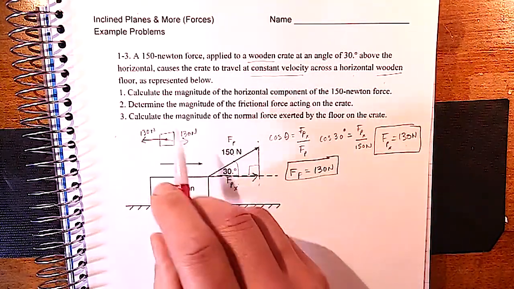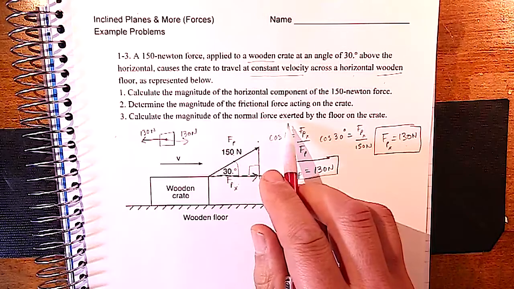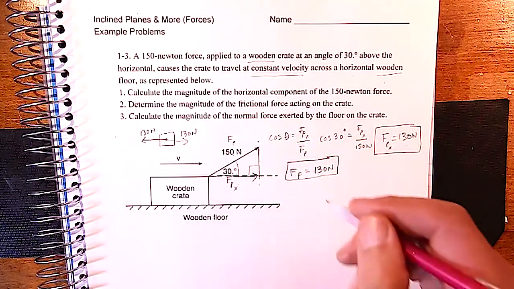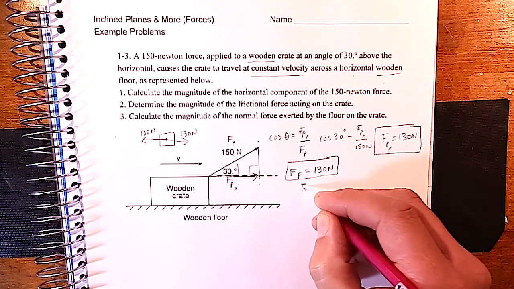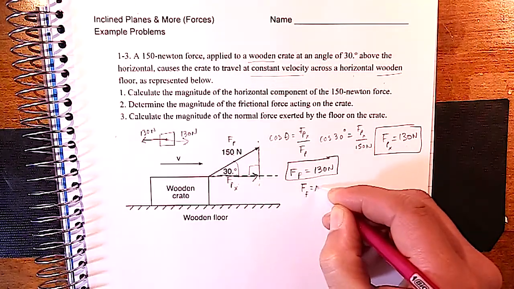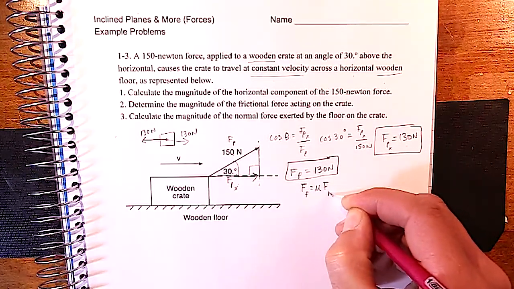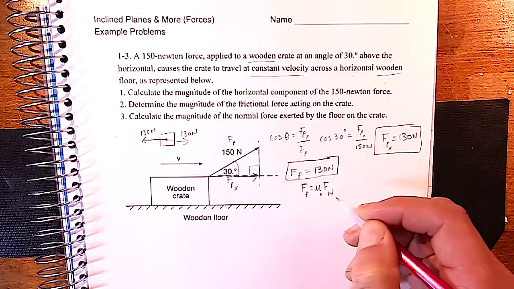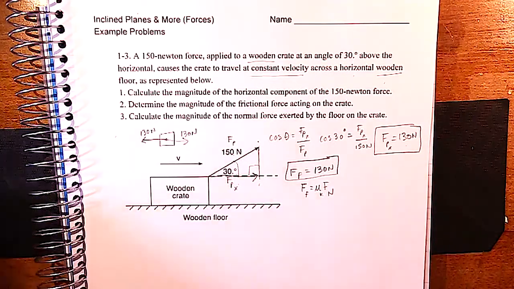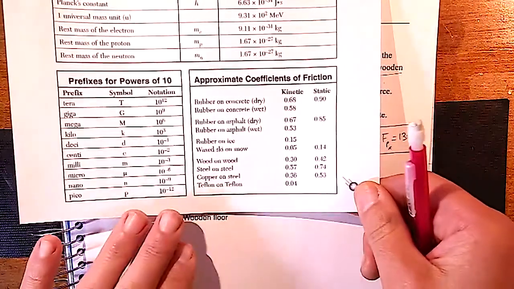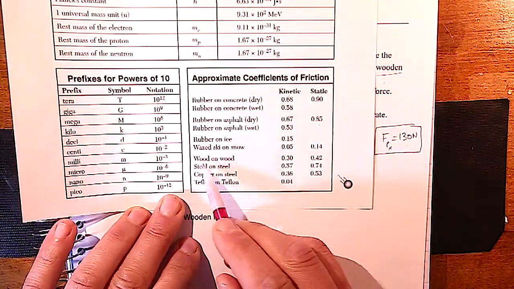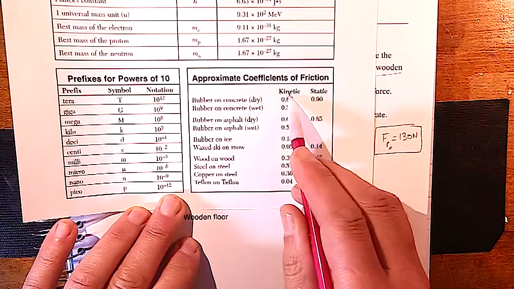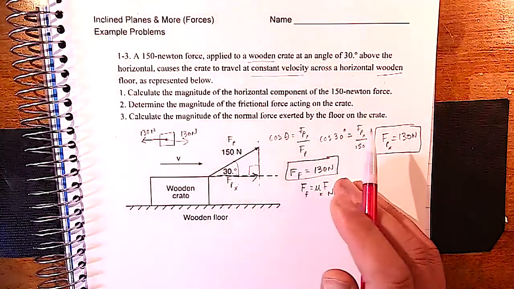And lastly, it says calculate the magnitude of the normal force. So we know that with kinetic friction, that Ff is equal to mu Fn, and because it's sliding, the surfaces are sliding, it's kinetic. So we can look up on our chart here, wood on wood kinetic, that's 0.3.